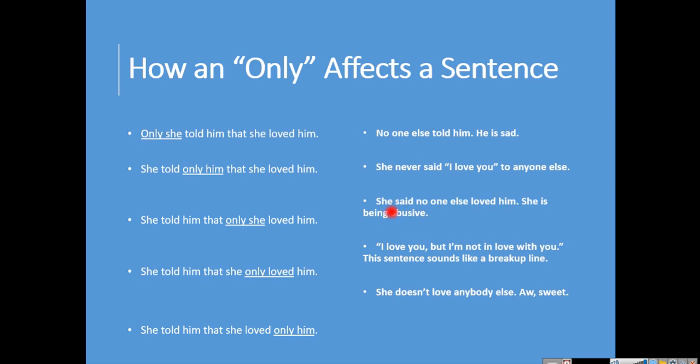The same if I wanted to say she said no one else loved him, she is being abusive, I would probably want to say she told him that only she loved him. So we have to be careful where we put those modifiers, because depending on that, we could come up with extremely different meanings.